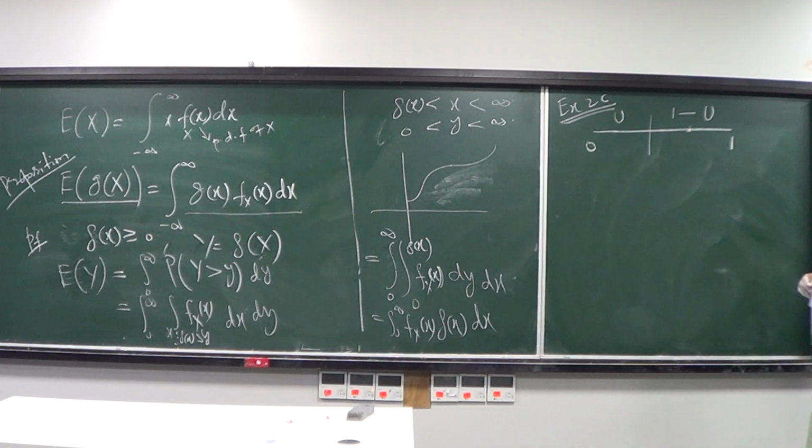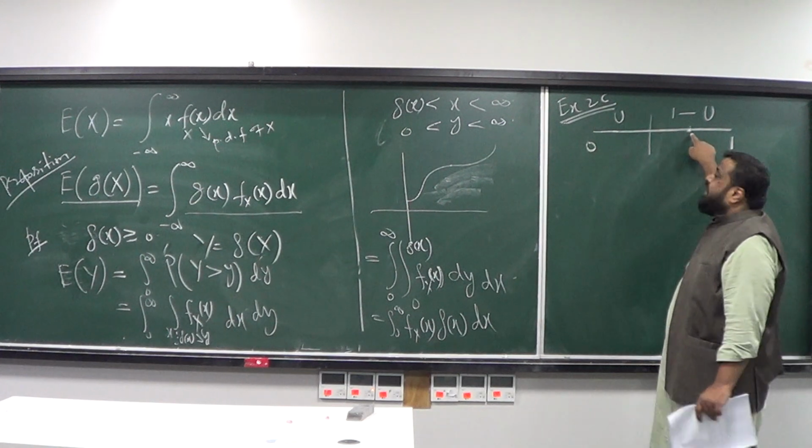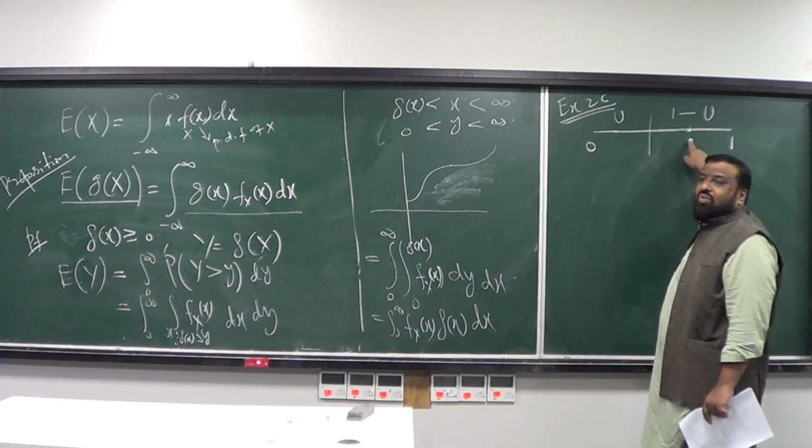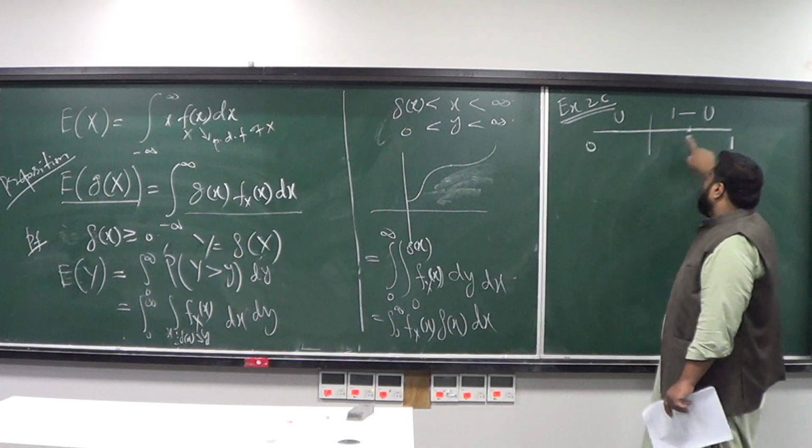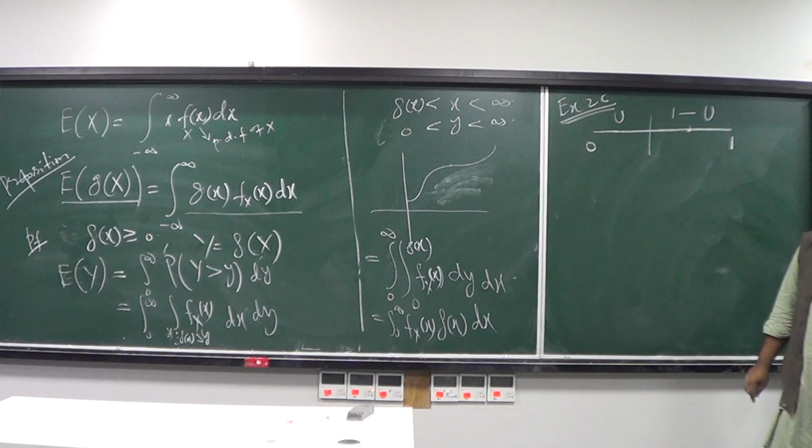So in this given situation, this chosen point, this colored point that we chose, lies in the 1 minus u part.